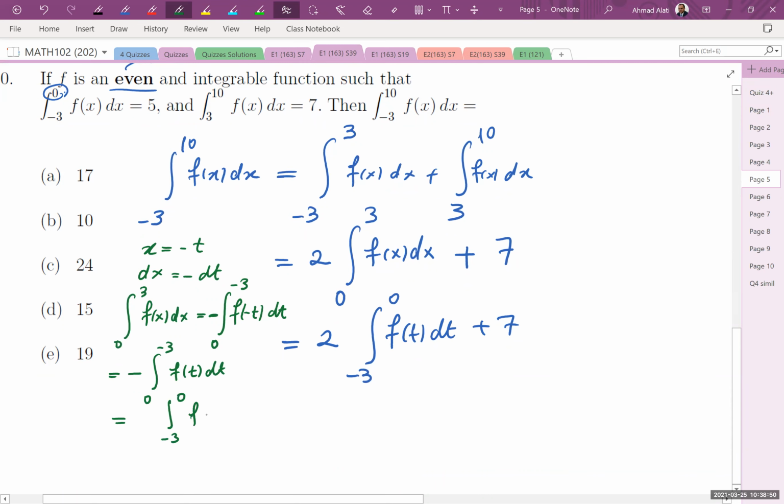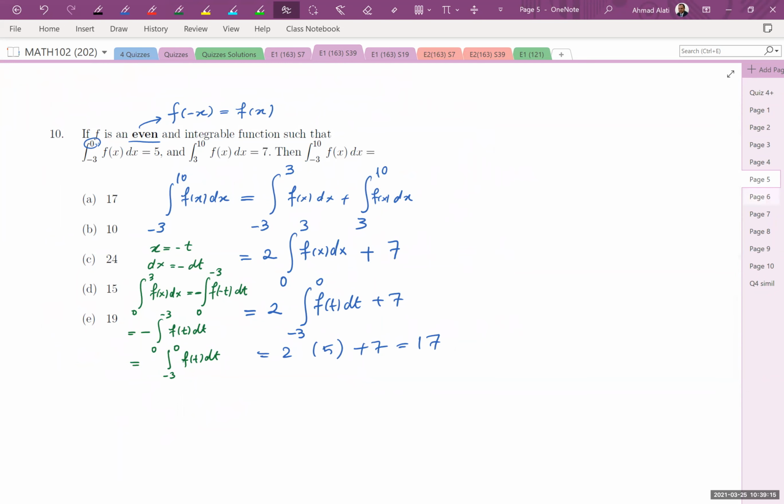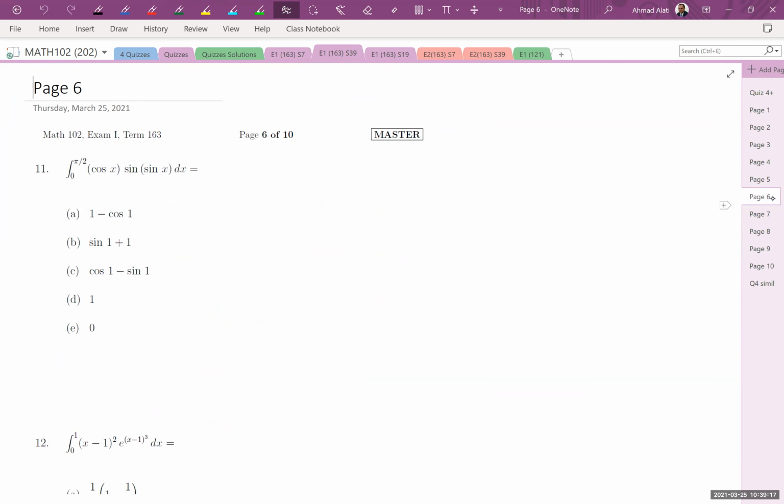Just interchange the limits. And here we are. So because of that, this is equal to 2 times 5 plus 7, which is 10 plus 7, 17. You can do it in different ways, ya shabab, but I believe that this is the shorter one. Let's go to the next questions.